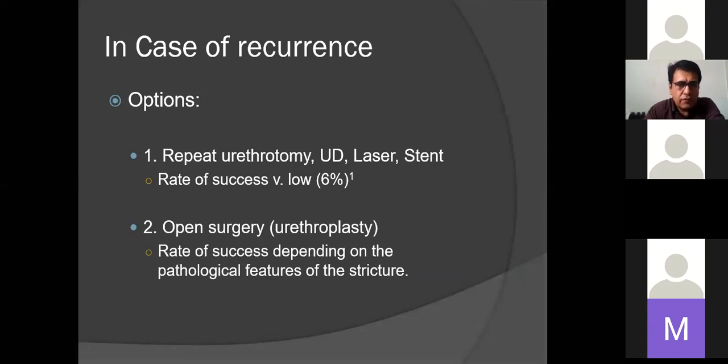In case of recurrence of the urethral stricture, you can go for a repeat urethrotomy. You can treat the stricture again with urethrotomy, but you might need laser-type management. And you can go for open surgery, which is the definitive management, the open surgery or urethroplasty.